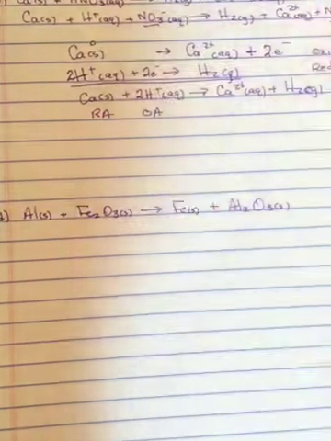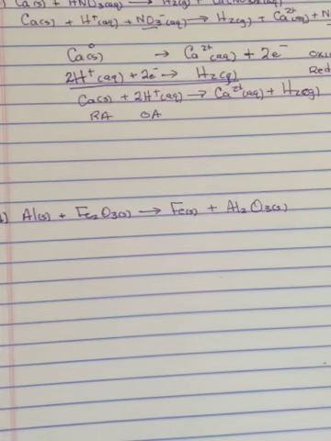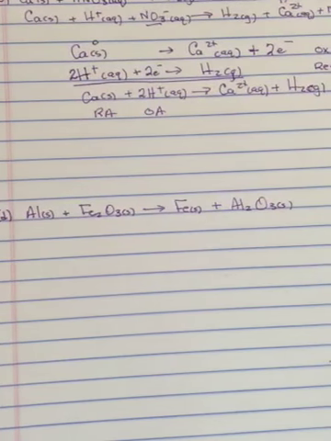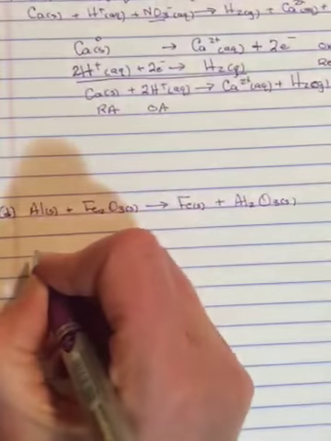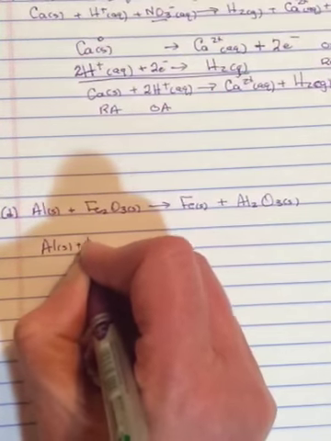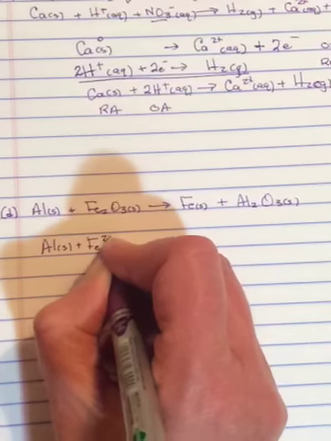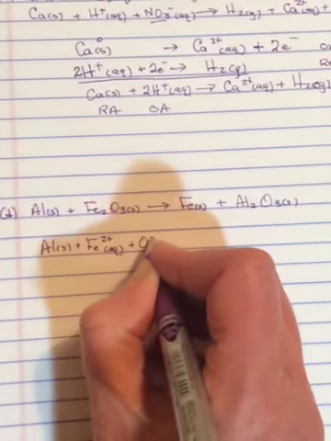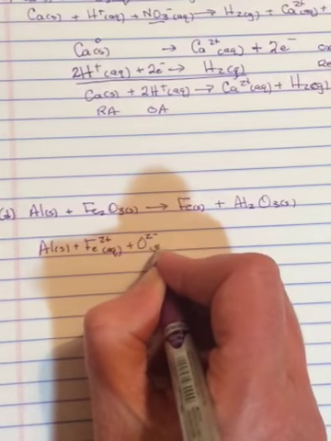All right. D is aluminum plus copper oxide. Okay, if we write it dissociated, that's aluminum solid plus Fe2 positive aqueous plus O2 negative aqueous.